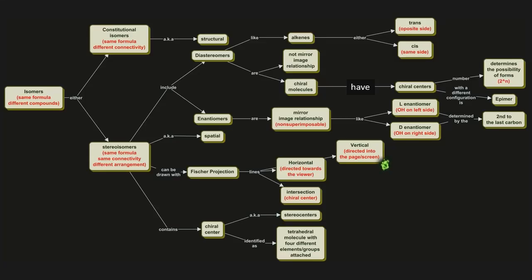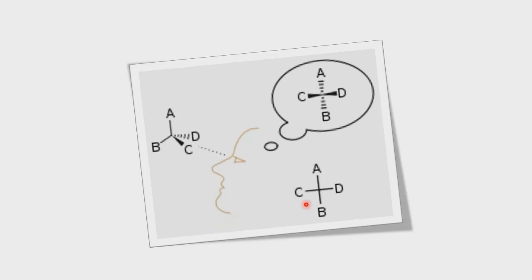And finally, the vertical line in the Fischer projection simply tells us that any attached group from the chiral center is directed away from the viewer, towards the screen or the page. So the vertical lines, such as A and B, also represented by the broken line here, are both directed away from the viewer.